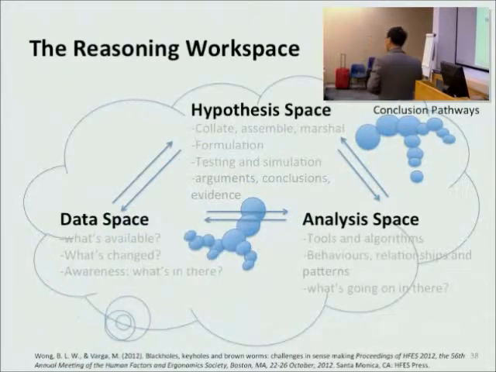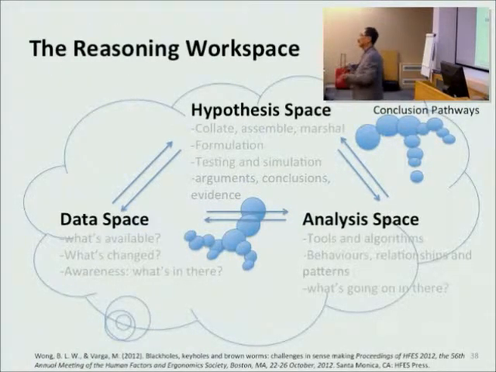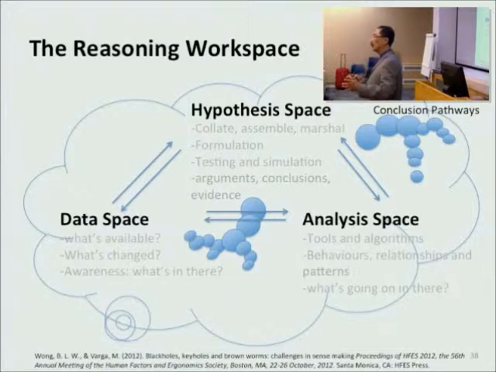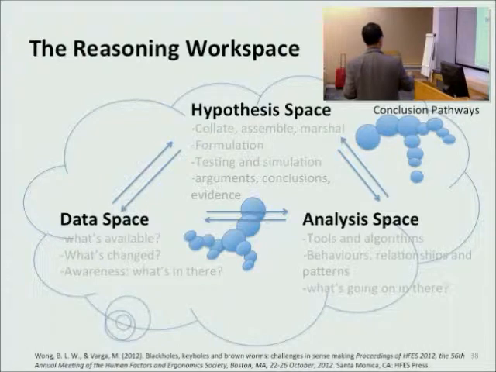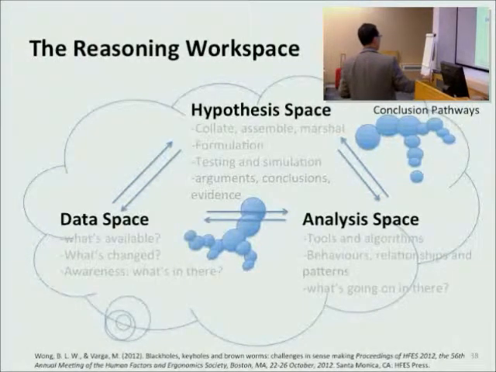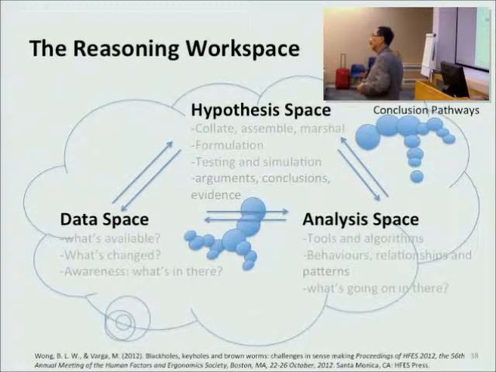Now, to do that, what we've come up with is a notion of what we call the reasoning workspace. Okay? If you split up that space on the tabletop through the keyhole, then what we have is what we call a data space. There's an area that needs to show me what data resides in my data sets. And those data help me understand what kinds of questions I can ask. So a lot of analytics, summarization comes in here. And then there's the analysis space that tells me about relationships.